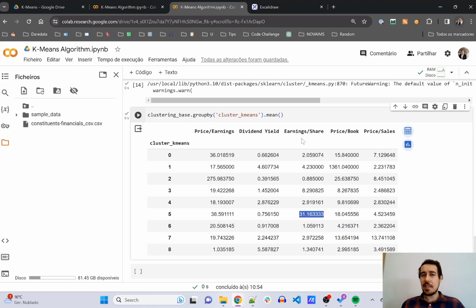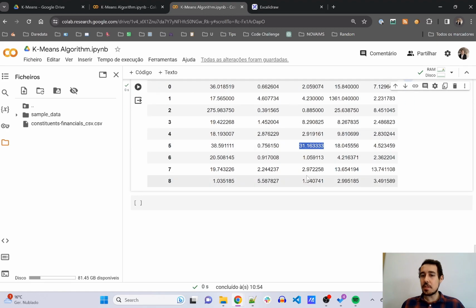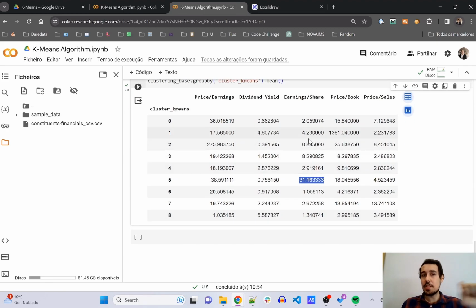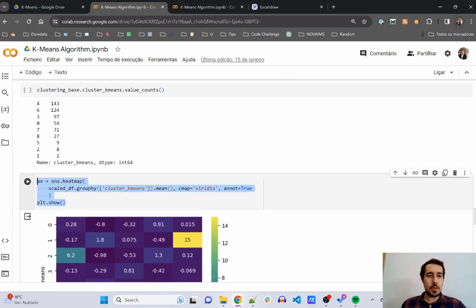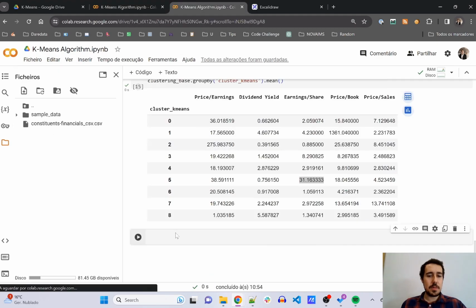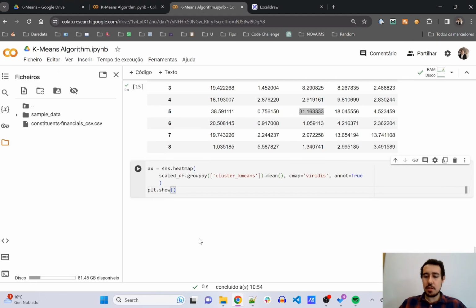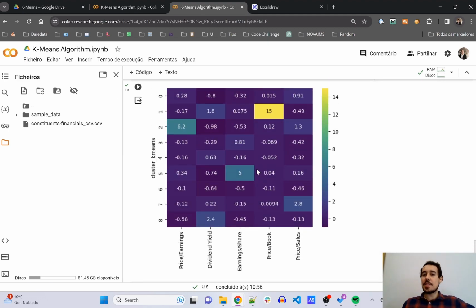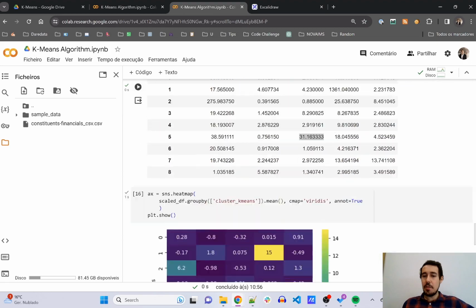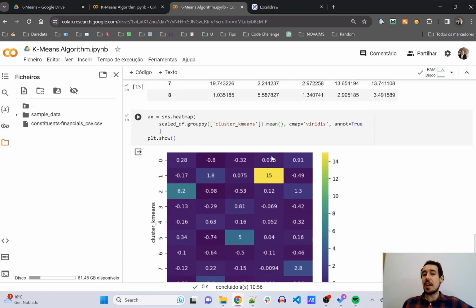Now, another thing that I like to do when I interpret clusters is not only looking at the difference in the means, but also looking at the heat map. Let me go to the notebook here that I'll also give you in the end, and just run this heat map here. I already have the code, don't need to write it again. And this is the same information that we have above, but with a standardized version.